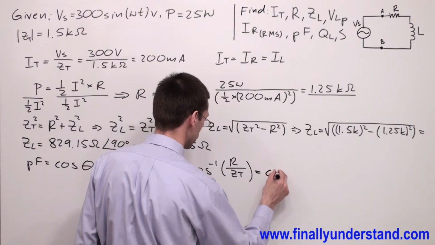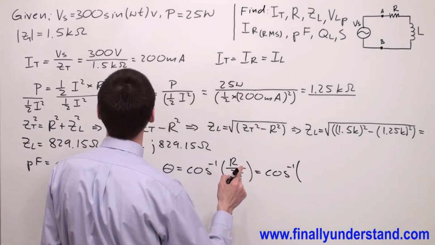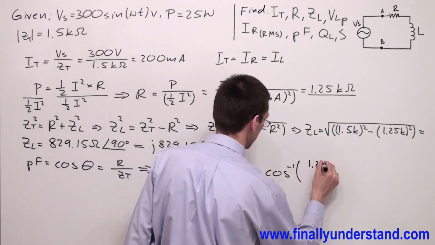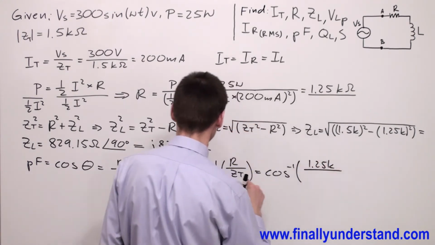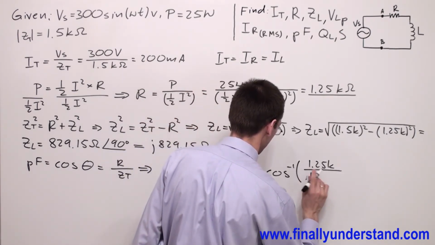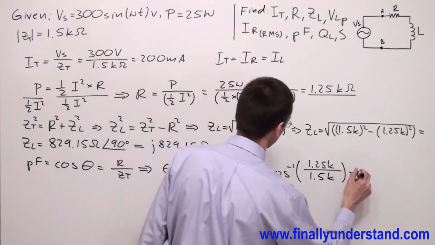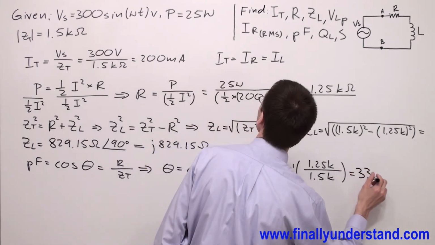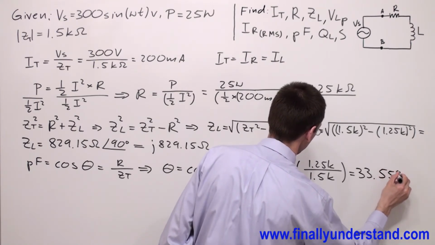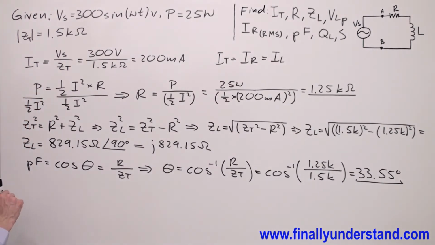This is equal inverse cosine, and I have R, which is 1.25 kilo, over Z total, which is equal 1.5 kilo. This is equal 33.55 degrees.